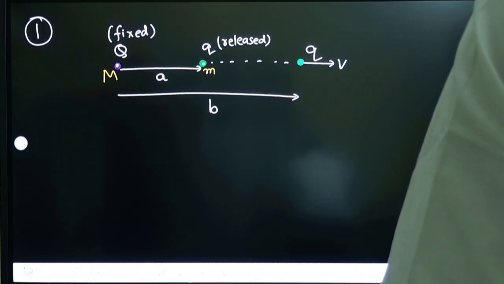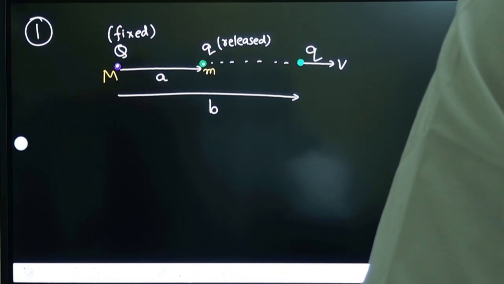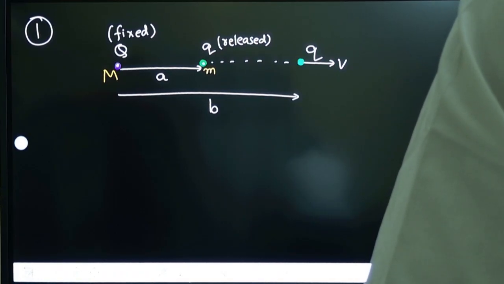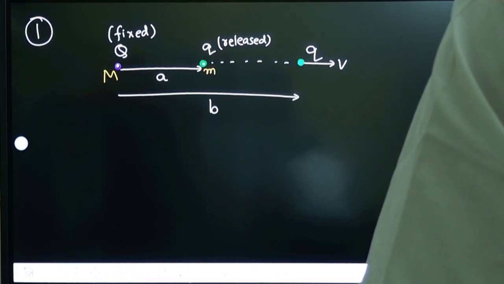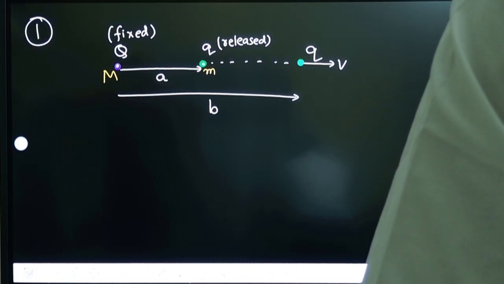Is the electric field constant or changing? How is it constant? Because the fixed charge is creating the electric field, and the distances are changing, right? So this small charged particle is moving and its distance is continuously changing. Initial distance is a, final distance is b.